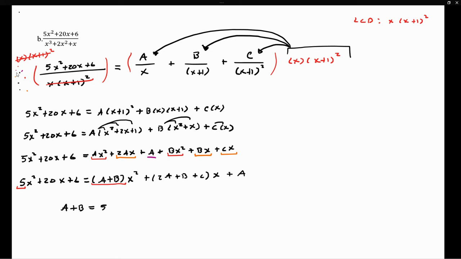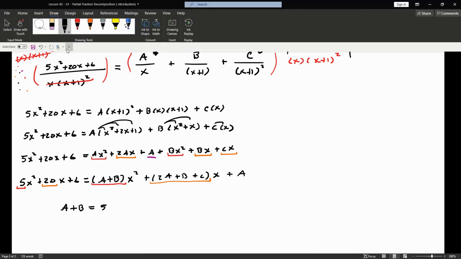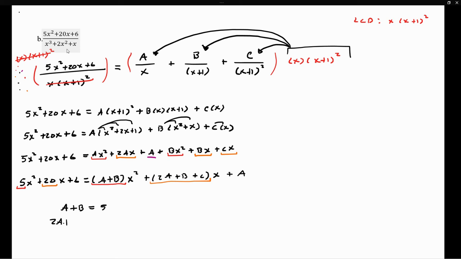On the left-hand side, I have a 20 in front of x. And on the right-hand side, I have this expression in front of x. So they must be equal to each other. So 2a plus b plus c is equivalent to 20. And lastly, I have 6 as a constant, and a is my only constant. So therefore, I have that a is equal to 6.